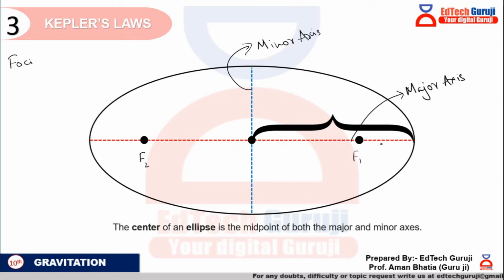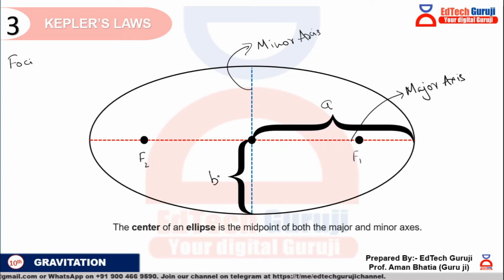This half of the major axis is given by the variable A. Likewise, this is half of the minor axis, given as B. There is one more thing: the distance between the center and one of the foci. Any of the foci, it doesn't matter, all are equidistant. This is given as C.